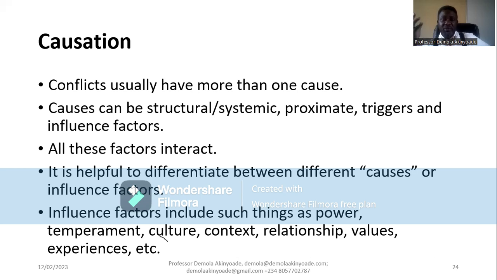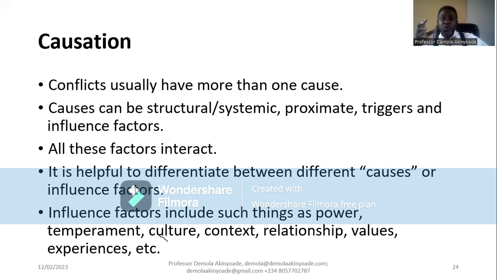PDP had their rally before, but when APC wanted to come and have their rally, to be led by the immediate past president, PDP decided to hold their rally that same day. You know, that will be a very charged atmosphere. But thank God nothing happened.